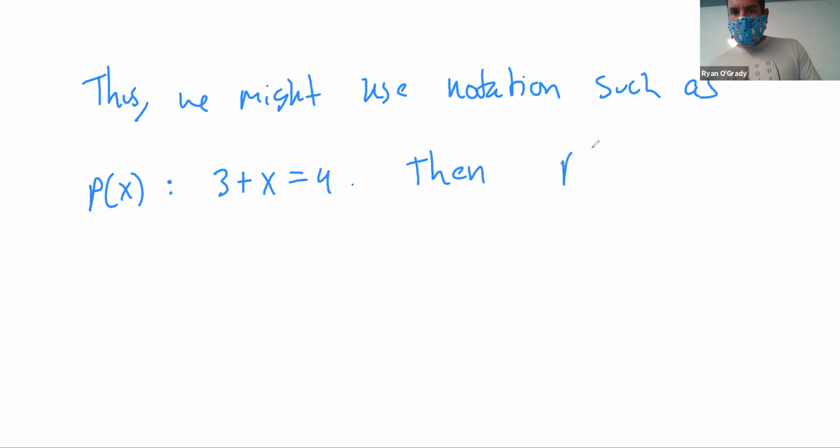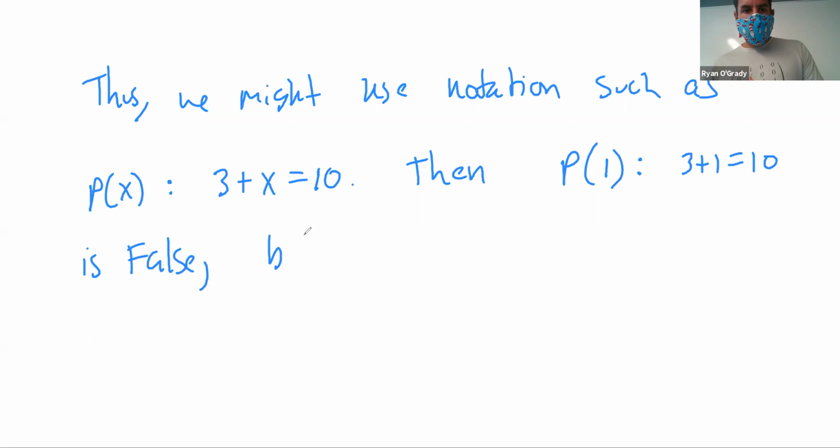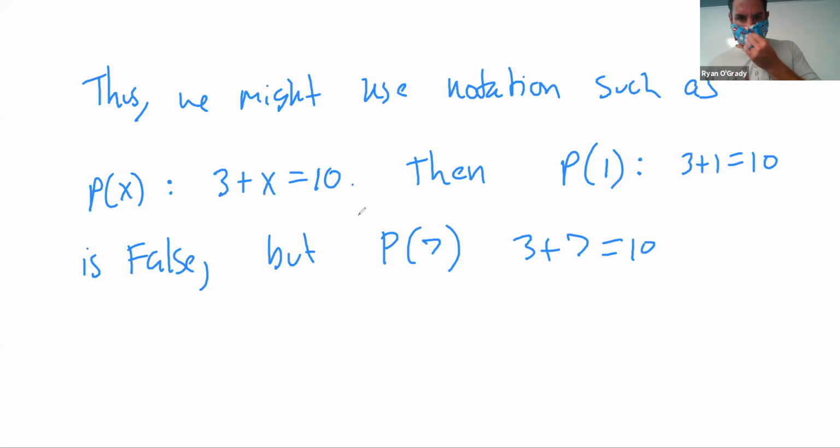So if we do that, then what is, say, P of 1? P of 1 is false. But say P of 7, which is 3 plus 7 equals 10, is true. Does this make sense?